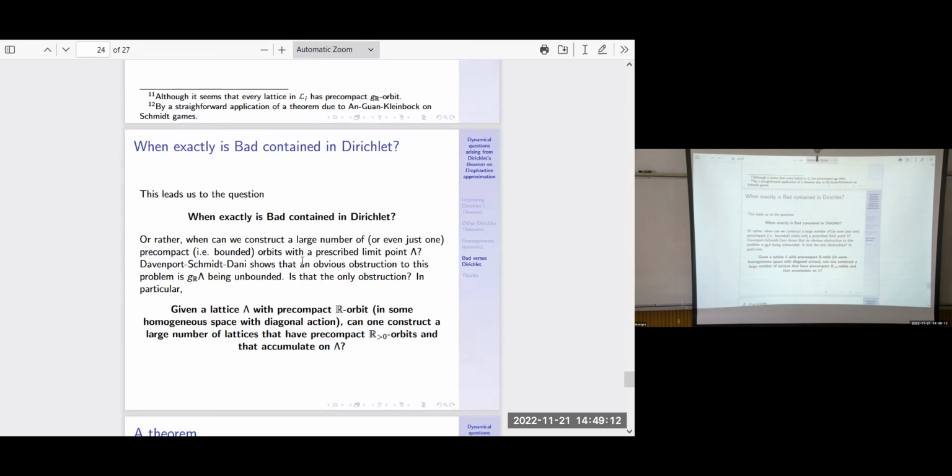Davenport-Schmidt and Dani show that one obvious obstruction is the orbit of lambda itself being unbounded. If that happens, you cannot construct bounded orbits with this prescribed limit point. So I'm asking for the converse: given a lattice with pre-compact R orbit, can you construct a big number of bounded orbits which accumulate on lambda?